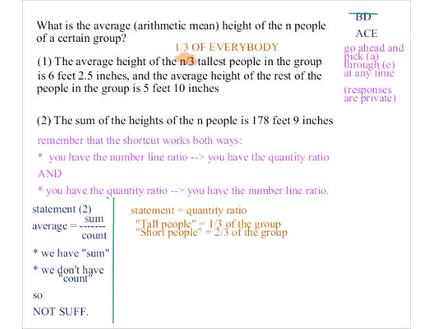So this is therefore a 1-to-2 ratio of tall people to short people. I know 5'10" is not really short, but you know what I mean, relatively speaking. All right, that's a 1-to-2 ratio of taller to shorter people. So let's put this on a number line.